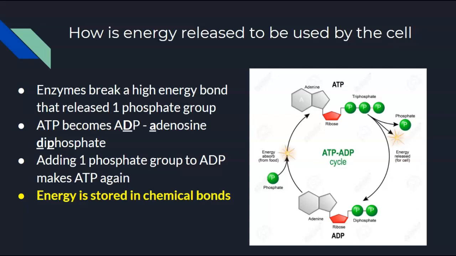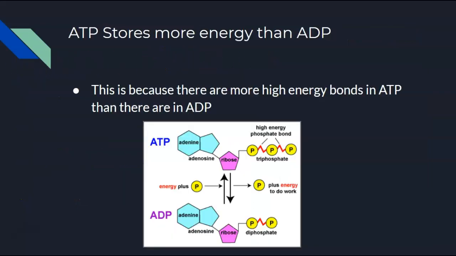The energy is stored in the chemical bonds. So in that bond between the two phosphates, that's where the energy is, nowhere else. Okay, it doesn't get stored inside the phosphate, it doesn't get stored in the adenosine, it's stored in those bonds. So ATP stores more energy than ADP.